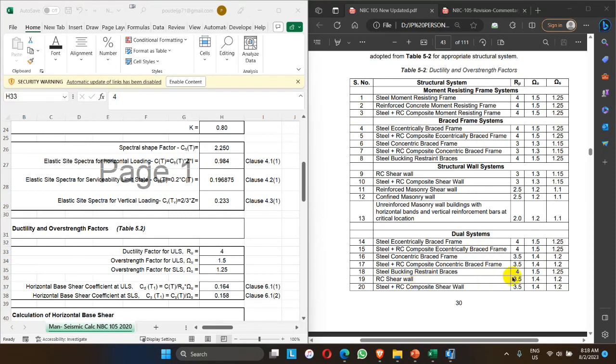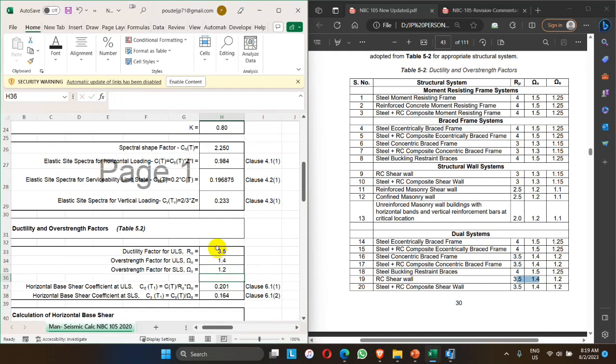I put the values of ductility factor and overstrength factor as prescribed in serial number 19: 3.5 and 1.4. It means Rμ equals 3.5, the overstrength factor is 1.4, and the overstrength factor for serviceability limit state is 1.2.